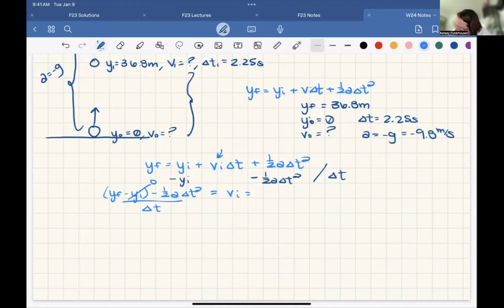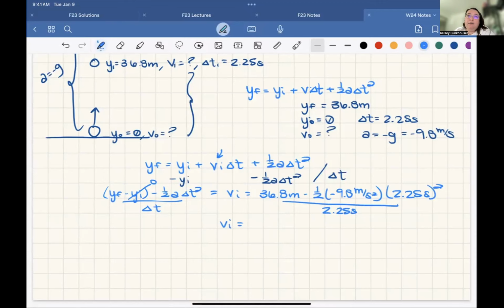So we have 36.8 meters minus 1/2 times negative 9.8 meters per second squared times 2.25 seconds squared, all divided by 2.25 seconds. So this gives us an initial velocity of 27.4 meters per second. Okay, so that answered part A.